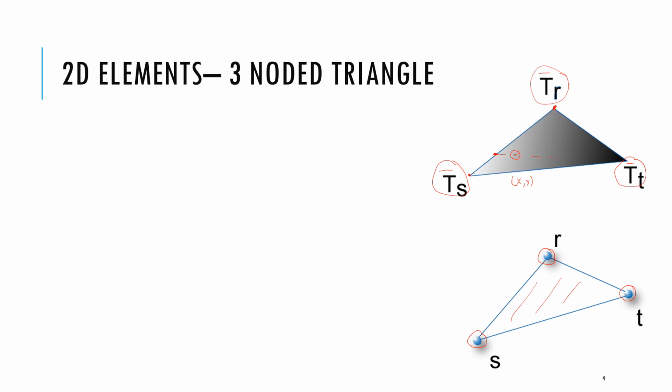Then I do another interpolation, but this time between this temperature and this one to get this temperature. So likewise, any point inside the triangle I can find through interpolation if I know these 3 nodal temperatures.